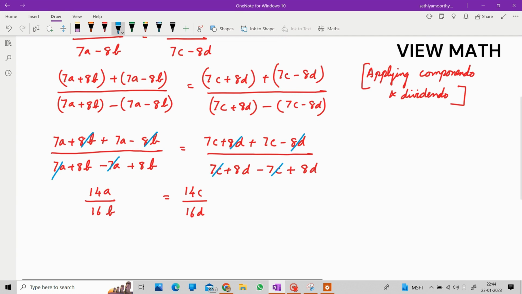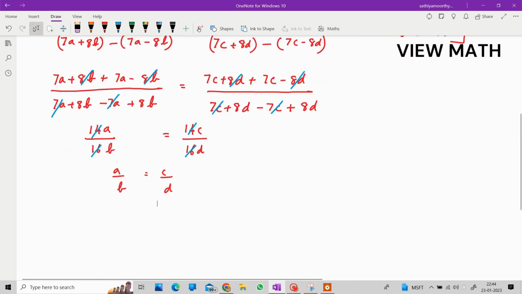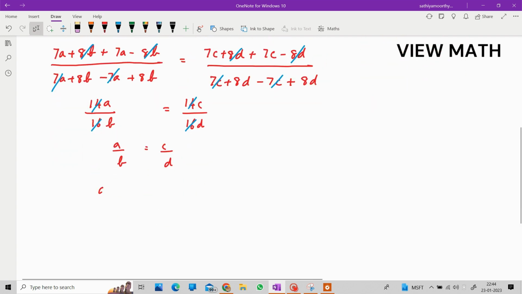I can cancel 14 and 16 on both the sides. So I'll be getting a by b is equal to c by d. So I can write this as a is to b is equal to c is to d, hence proved.